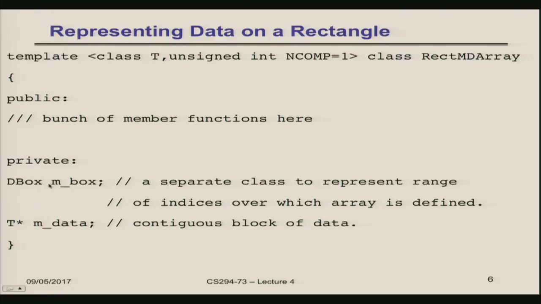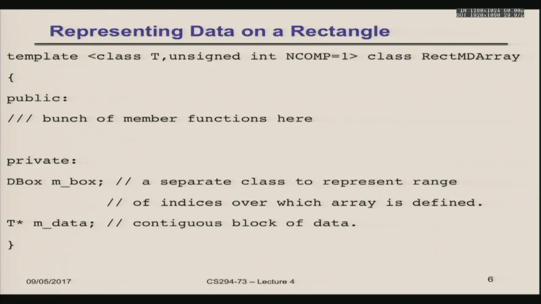The type name is dbox, and here's an object of type dbox. So that's how you define how the indices are defined. And now in addition to that, you have T star m_data. That's a pointer to what will ultimately be a contiguous block of data that you will allocate using the memory manager, using new.